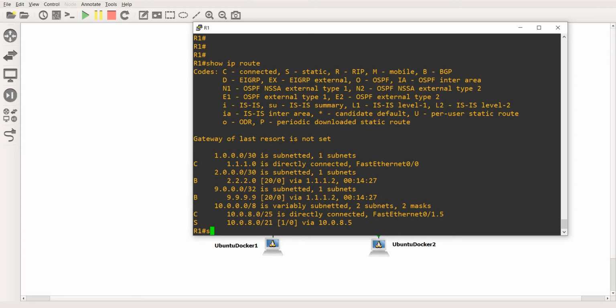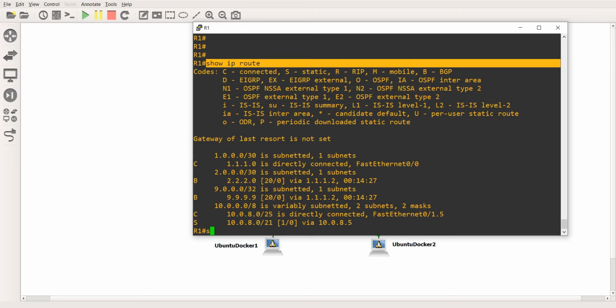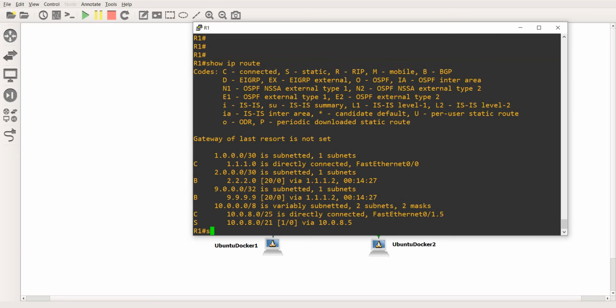So this command and some subnetting math. So in this case, you know that slash 25 is more specific than slash 21. So the router is going to use this route here rather than this one.